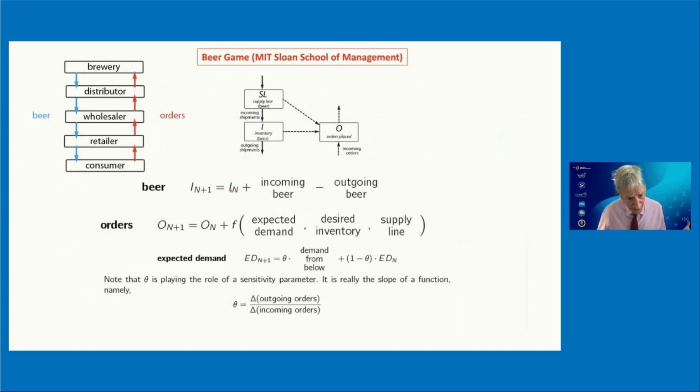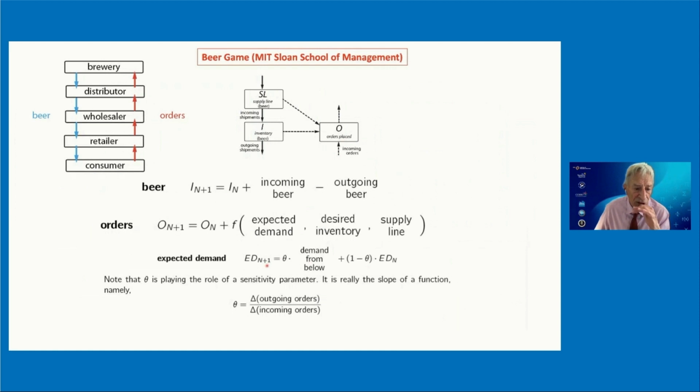The beer equation is fixed, but the orders equation, you have this F where you get to set your ordering strategy as a function of your inventory, supply line, previous orders.